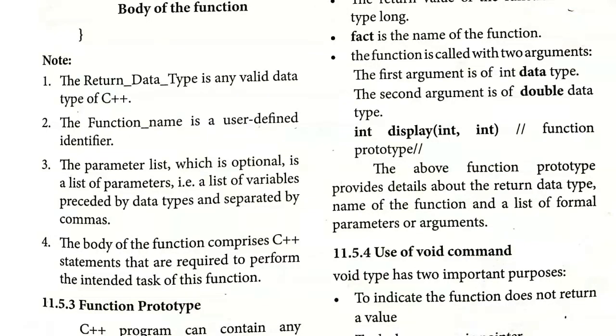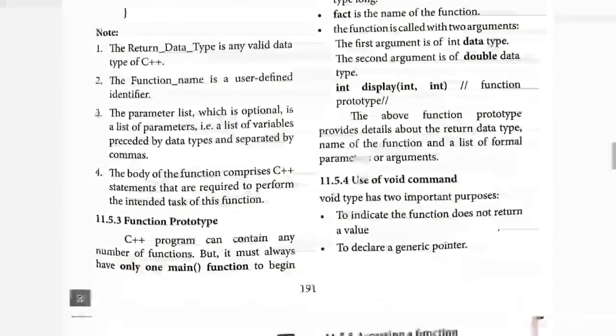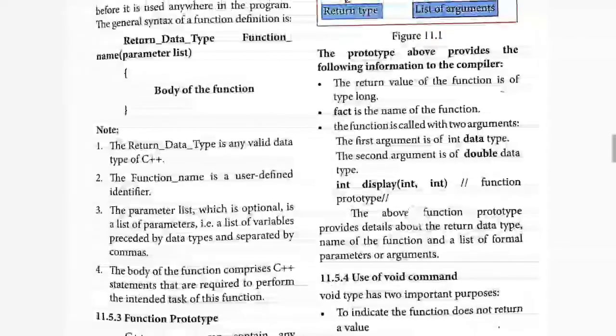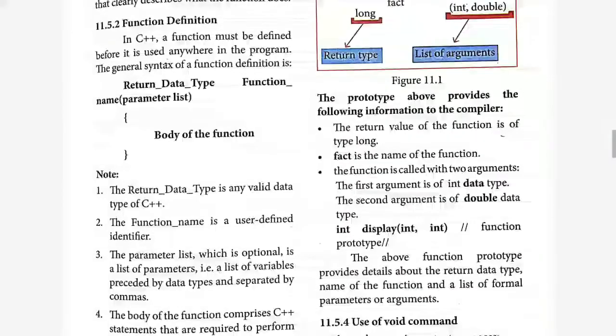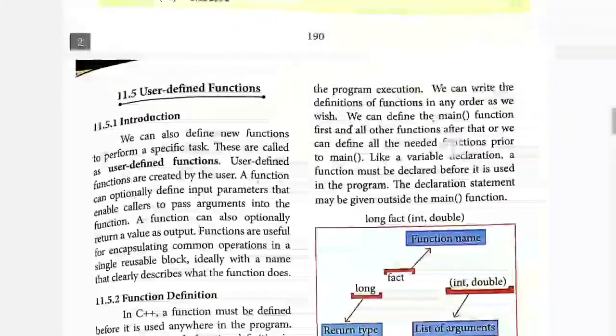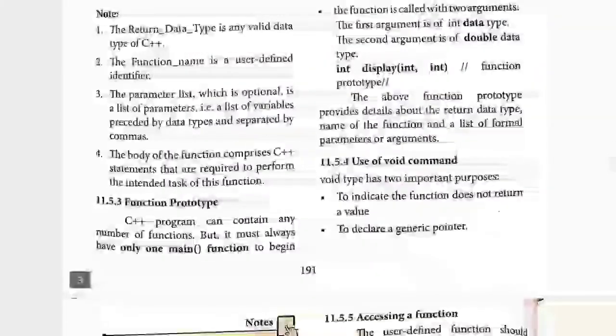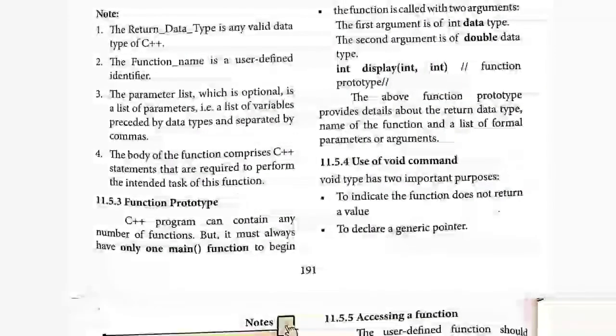Next is the function prototype. This is the function definition, and the function prototype is this. A program may contain any number of functions, but it must have only one main function. Every project has only one main function, and you can have multiple user defined functions included in it.